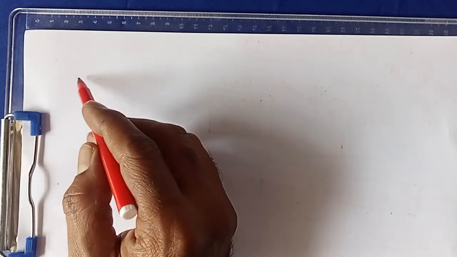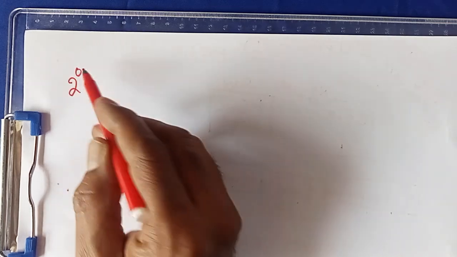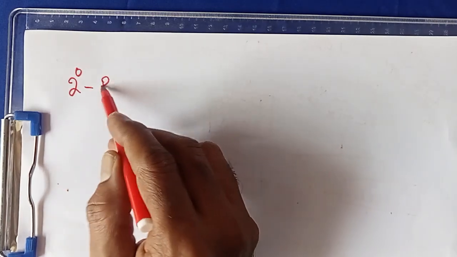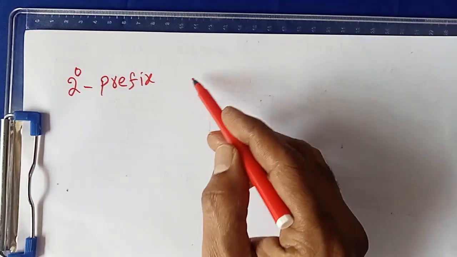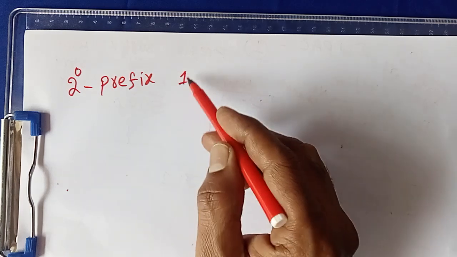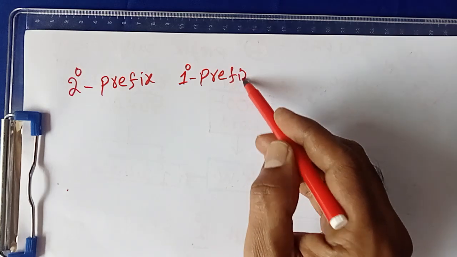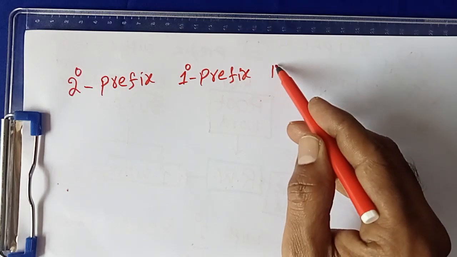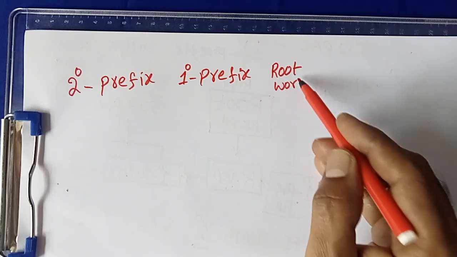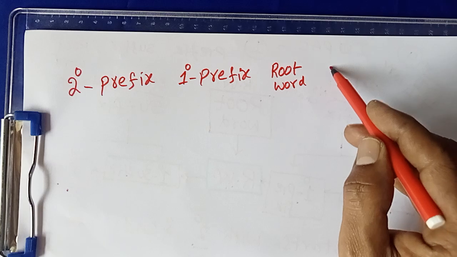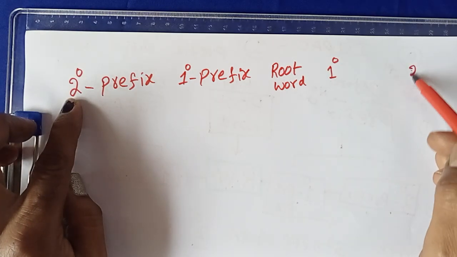Order, once again you write down here. First one is the secondary prefix. Next primary prefix. Middle part, root word. Next, last is the secondary suffix. You remember like that.